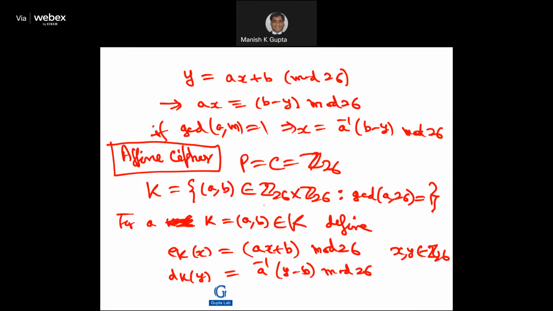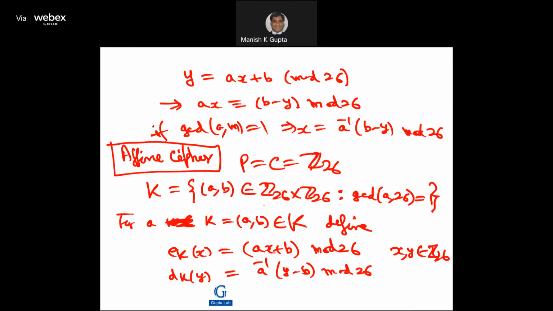So now we have the full system here, the affine cipher. The plain text and cipher text are in Z26, and our key is the pair A comma B, because ax plus b is our encryption rule, such that A is in Z26, B is in Z26, and I'm also putting the condition that GCD of A and 26 is equal to 1, because we want the inverse of A to exist.